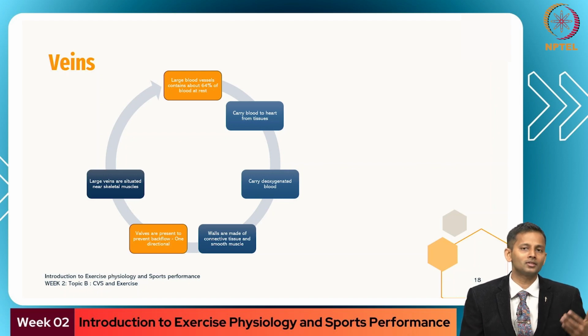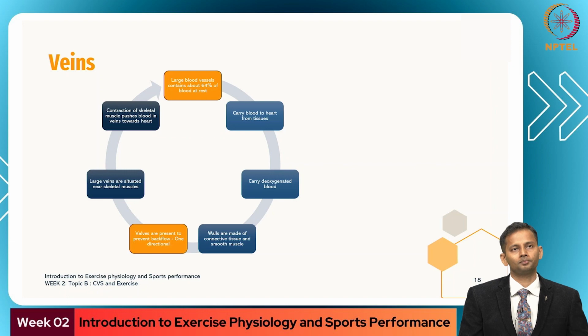As and when the muscles contract, that also helps in pumping of this blood towards the heart. So that's why you would have heard about the peripheral pump. Peripheral pump is nothing but your calf muscle of the legs.